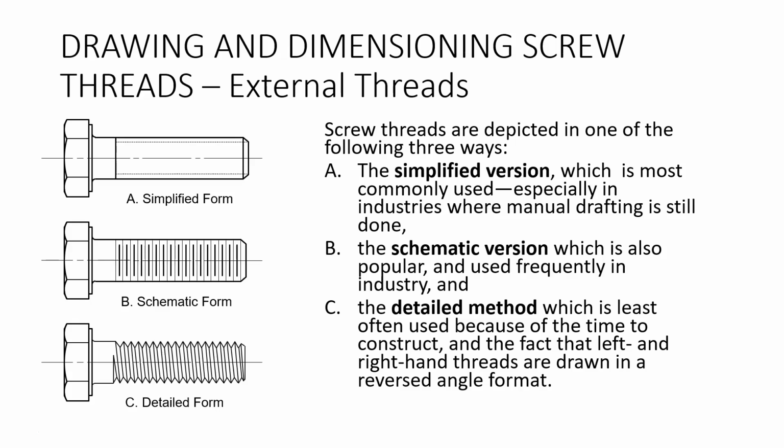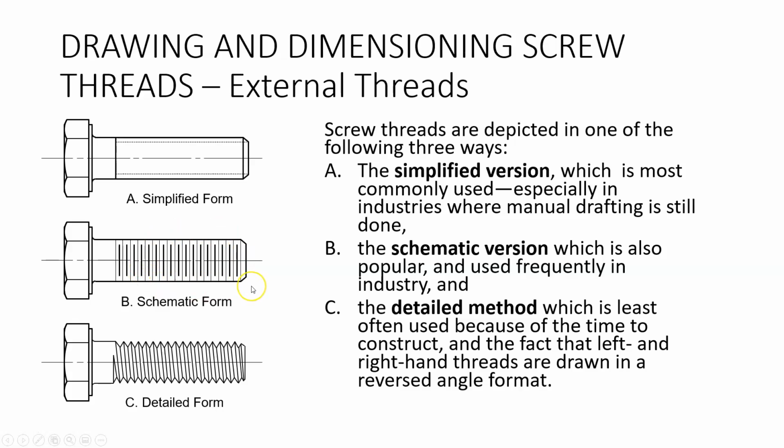The other 2 forms, the simplified and the schematic form, you'll see much more often. The schematic form is the middle one over here, and you can see this kind of looks like threads. We have a root line and a crest line, and they alternate.